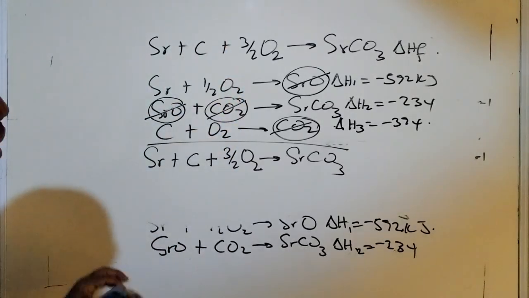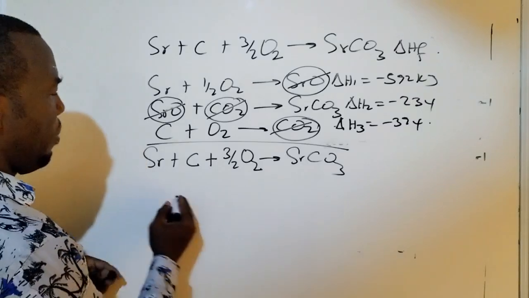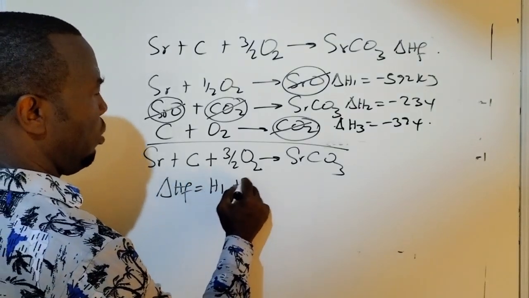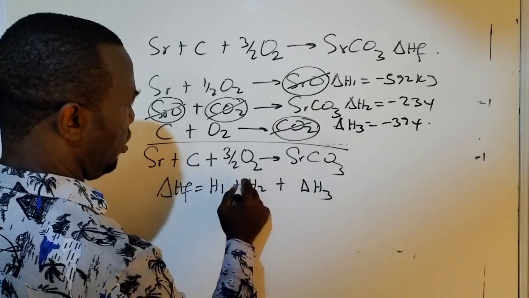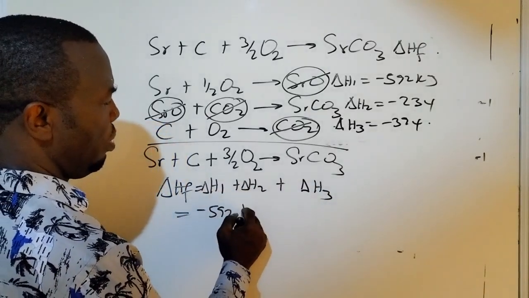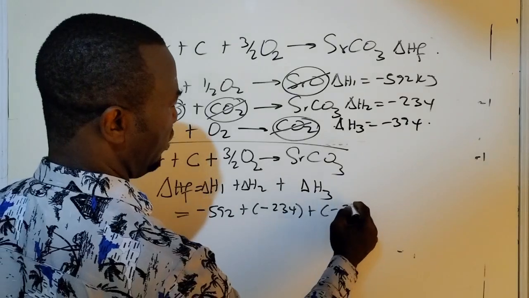So how do I now get the enthalpy of formation of the overall equation? That is delta HF. The enthalpy of formation now becomes the sum of the enthalpy of the first one plus the second one plus the third one. Their enthalpies are added all together: minus 592 plus minus 234 plus minus 394.